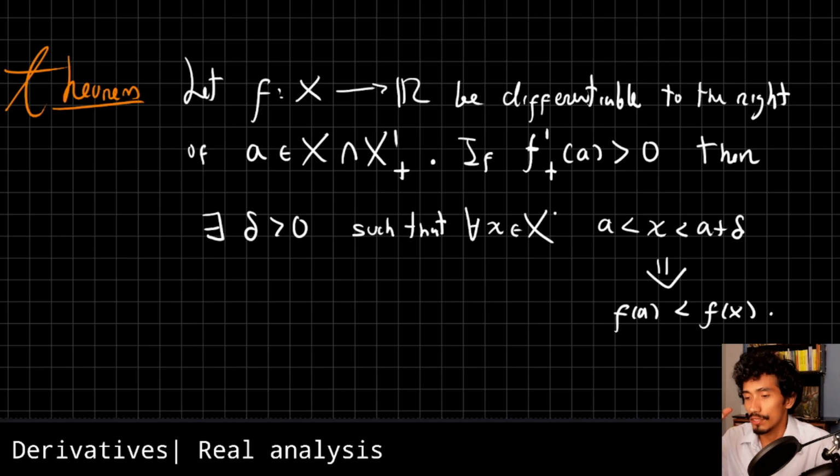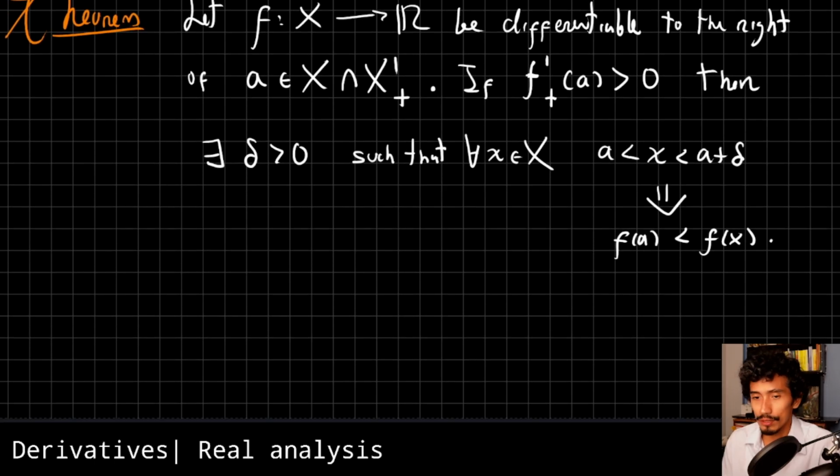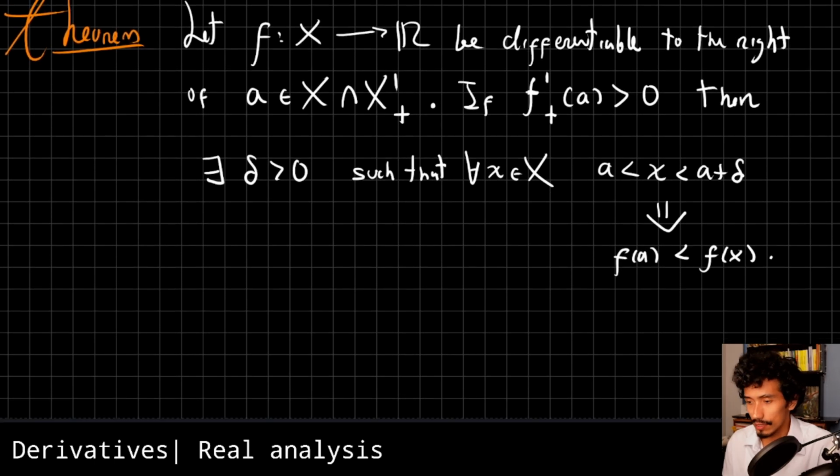As I told you, it doesn't say that the function is increasing to the right. It's not saying that. Why? So let's do a little graph here. Let's put it with this one. All right, so we have our point here, a.